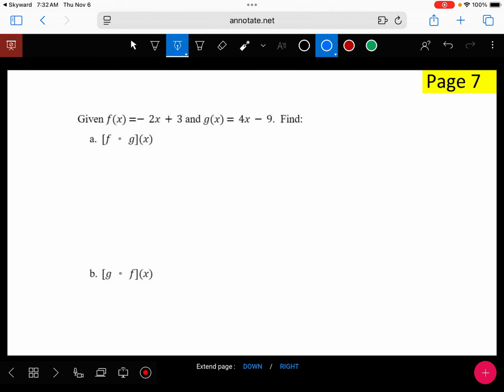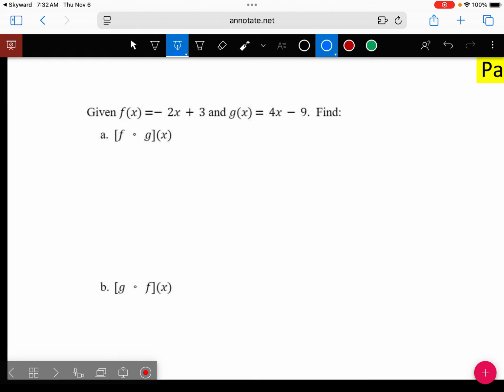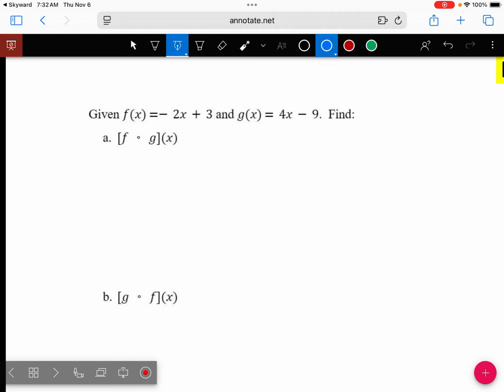All right, now let's go to our next one again. So because that's an f comes first, write the f function with parentheses. So you're going to put negative 2 parentheses plus 3. Put your 4x minus 9 on the inside. Go ahead and distribute the negative 2 and combine your like terms.